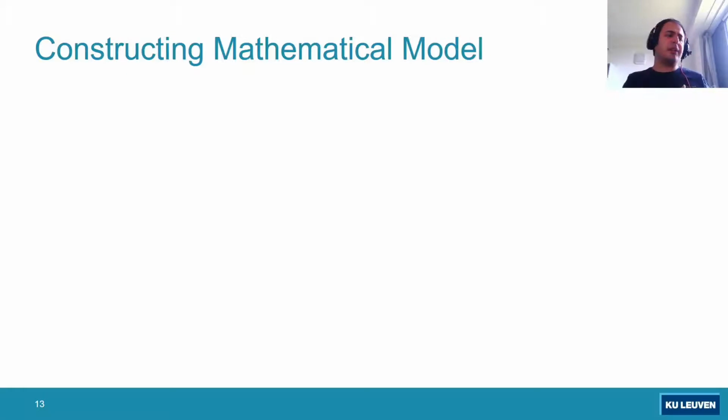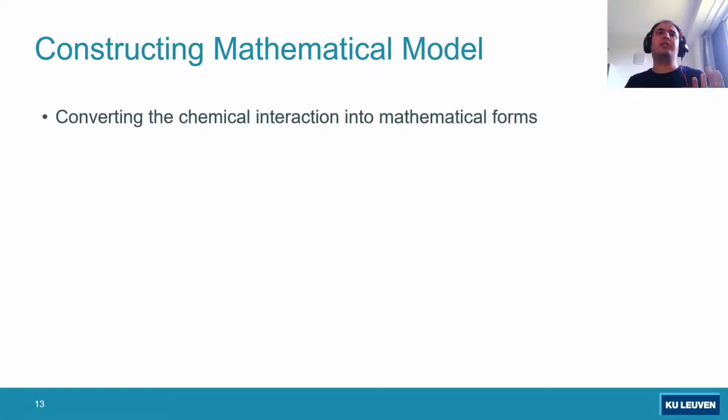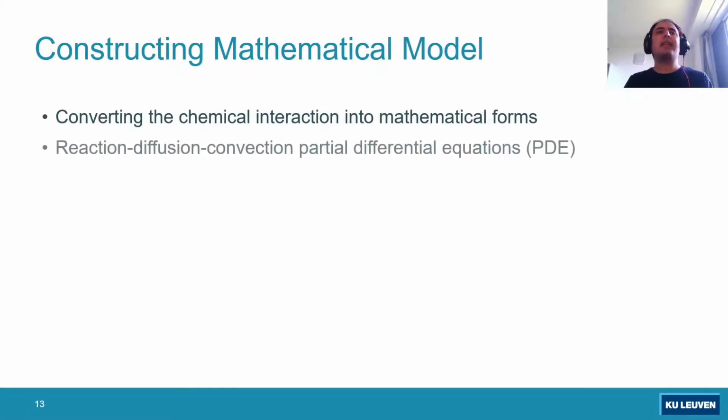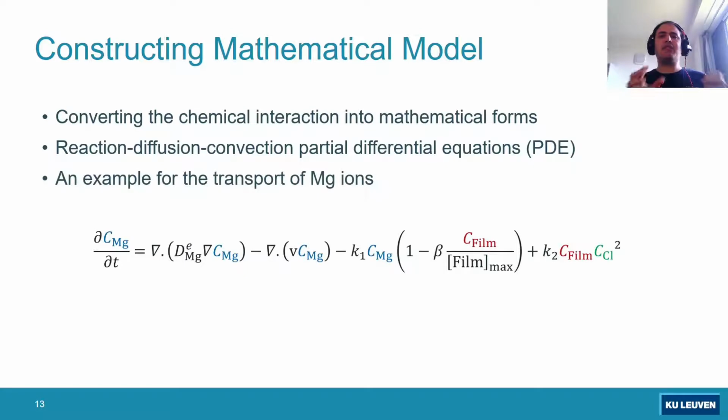To construct the mathematical models, this chemistry should be converted to mathematics. And in order to do that, we can employ reaction, diffusion, convection partial differential equations. And as an example, just for magnesium, this is more or less the mathematical form of the equations. We usually have six, seven, eight or so equations describing the chemistry.